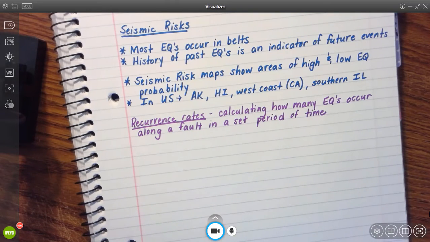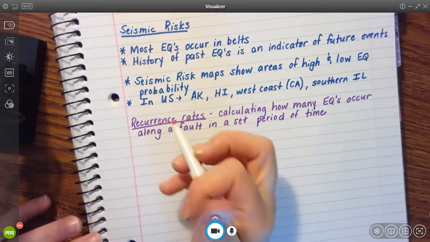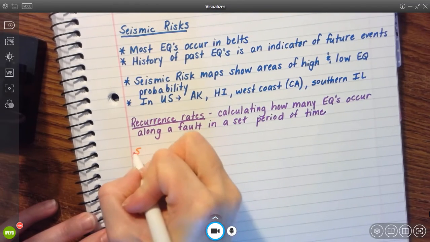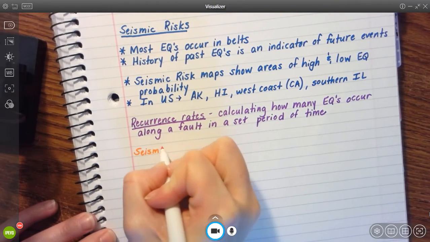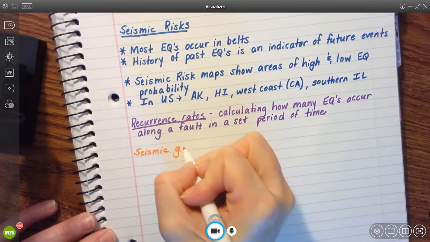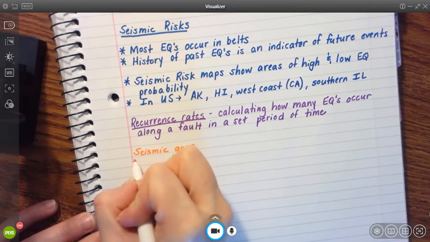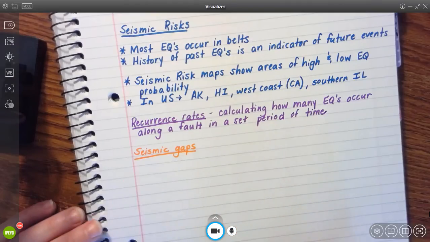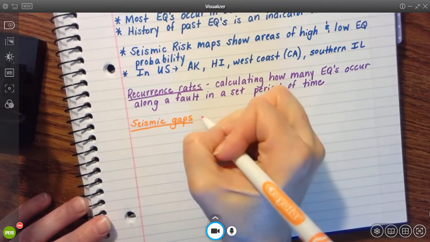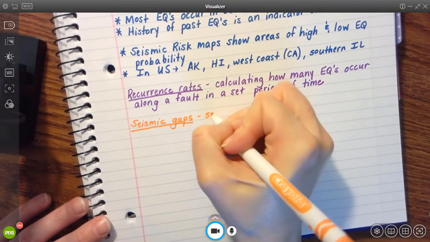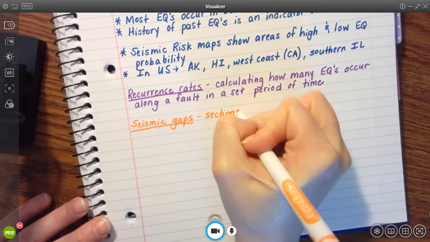We can put recurrence rates together with looking at something called seismic gaps to help us predict which places are going to get earthquakes soon. Seismic gaps are kind of what you would expect them to be based on the name. They're sections along a fault that haven't had an earthquake for a while.